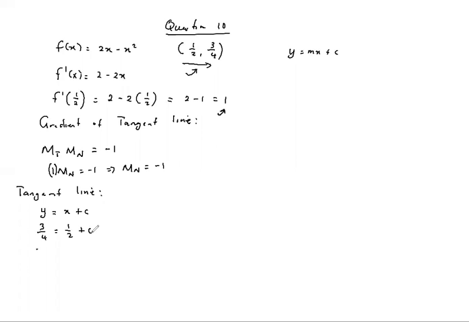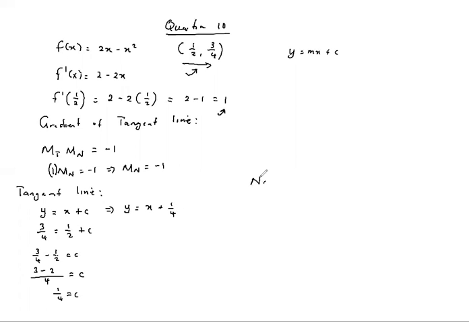So you take this to the other side: 3/4 minus 1/2 is equal to c, which is (3 minus 2)/4, that is 1/4 is equal to c, implying that the tangent line equation is y is equal to x plus 1/4.